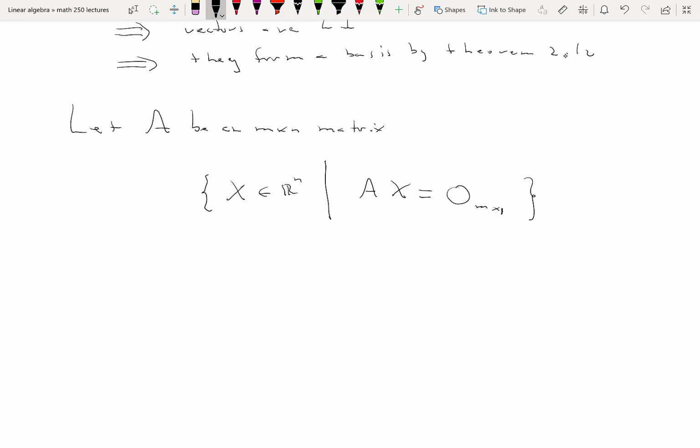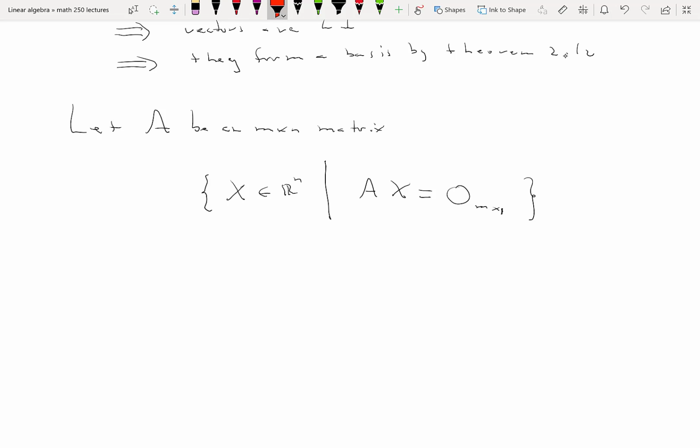So let's take a closer look at what this set involves. If A is an m by n matrix, then Ax equals 0, where x is in Rn, is nothing more than a representation of the most general homogeneous system of equations with m equations and n unknowns.